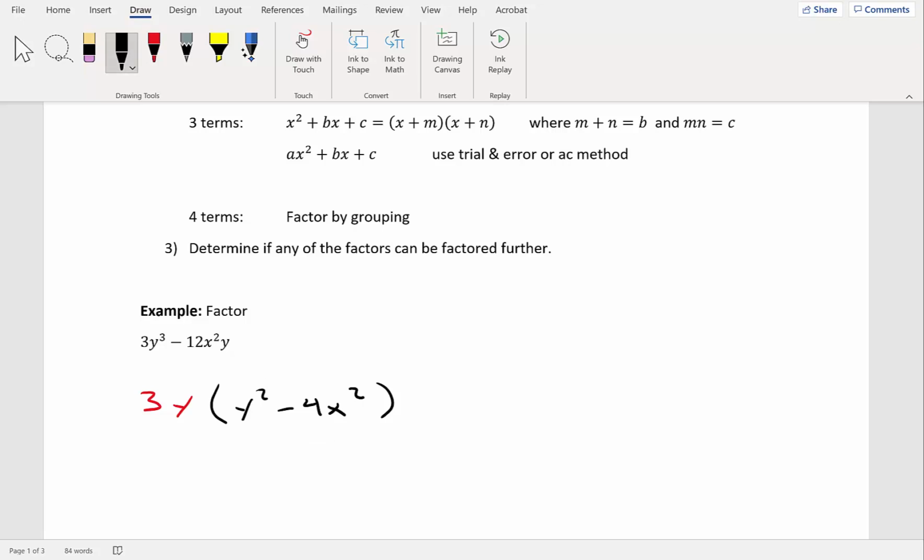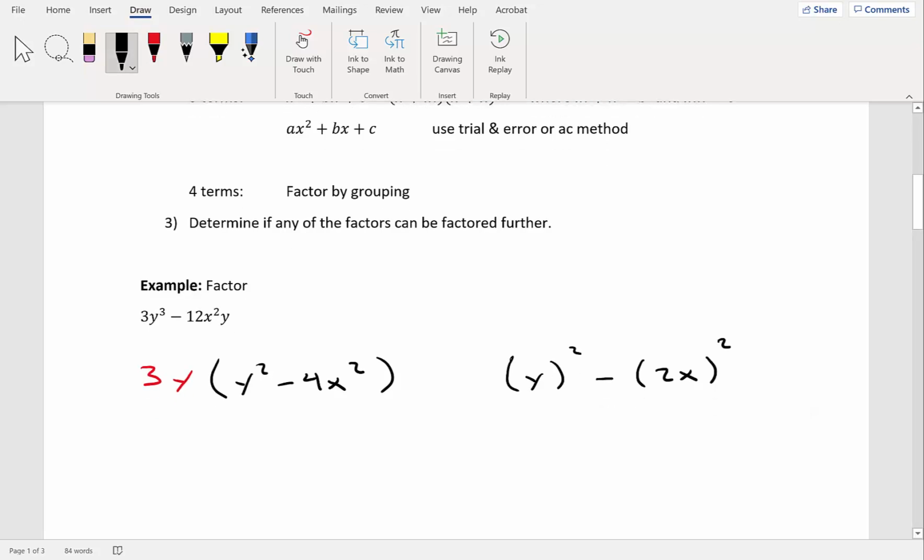I can rewrite this as y raised to the second minus 2x raised to the second. And now I can use my formula to factor that out. So we have our GCF that stays on the outside, and inside the parentheses, this will factor into y minus 2x and y plus 2x. And then we're all finished.